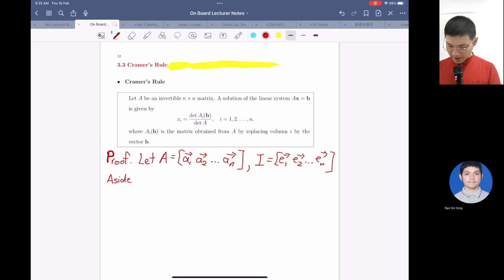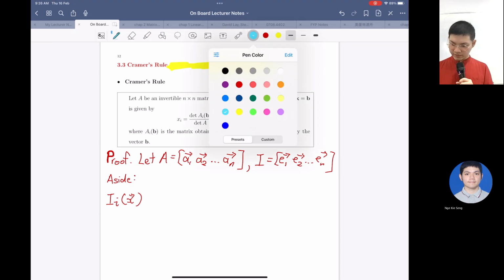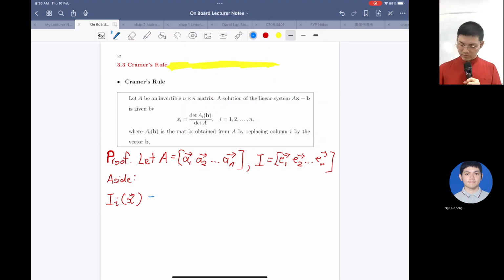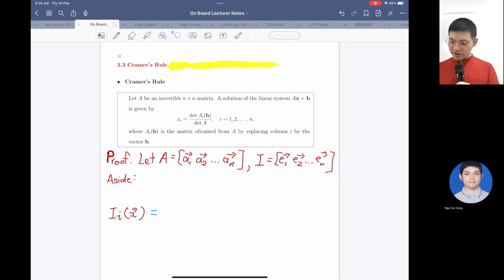Let's look at what Ai(x) is first. Maybe this is a bit too large to imagine, so let's restrict ourselves to the 3 by 3 case.